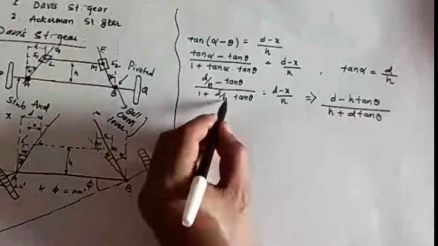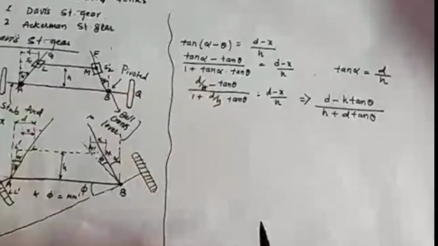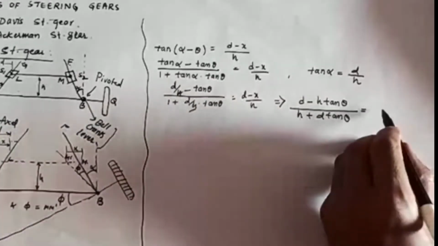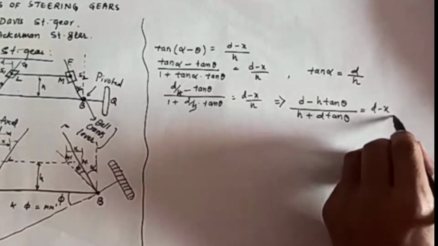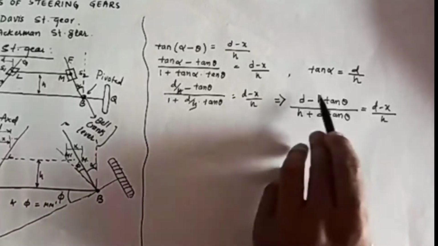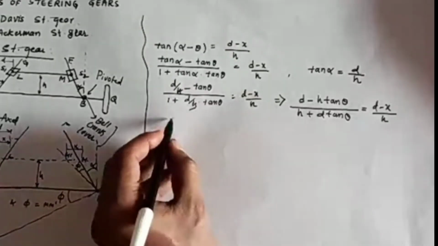So now this h and this h both will get cancelled. So you can directly write this equation as equal to (d minus x) by h, right? So after that, make the cross multiplication of these two.